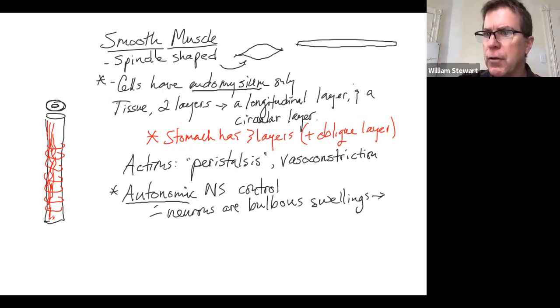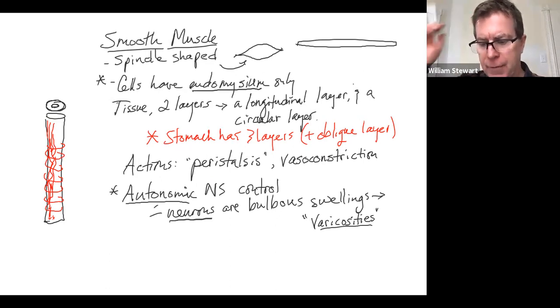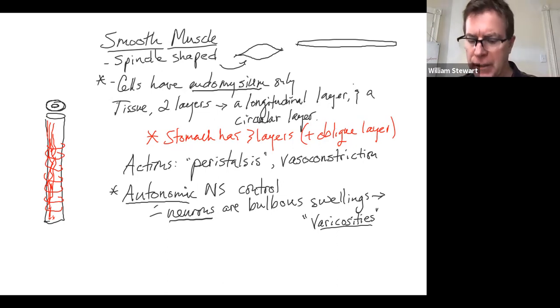And those are called varicosities. If you see that word in the chapter that you're reading, varicosities just refers to the ends of these neurons that innervate smooth muscles. Varicosities release the neurotransmitter, but they usually aggregate in these bulbous swellings, and they diffuse that neurotransmitter over a very wide, sheet-like area.